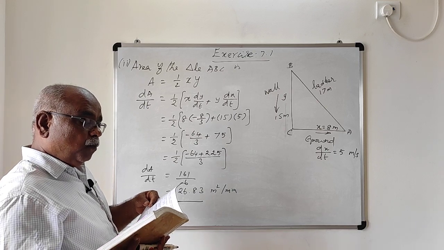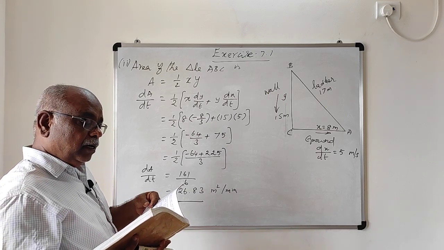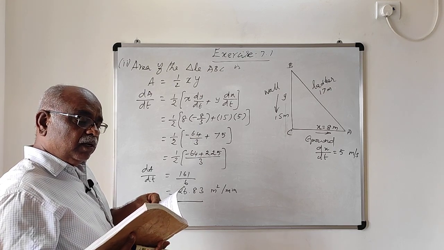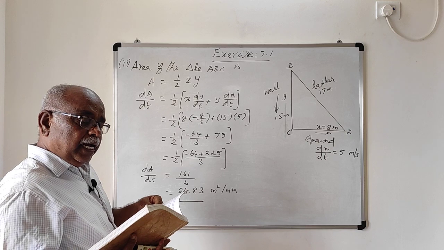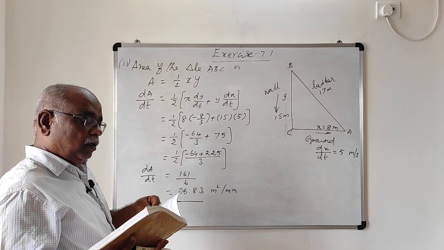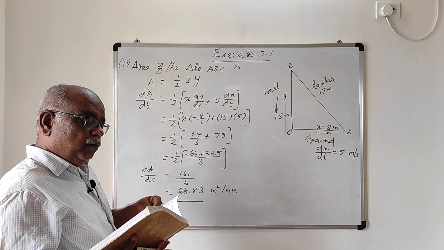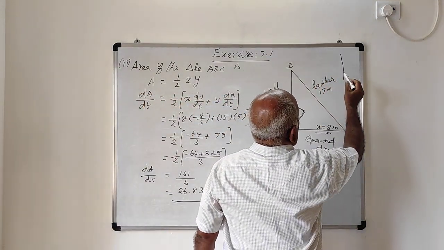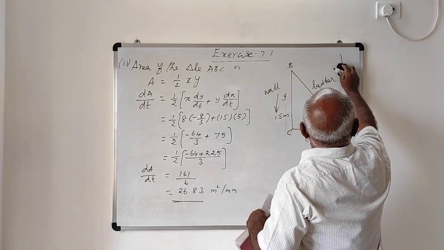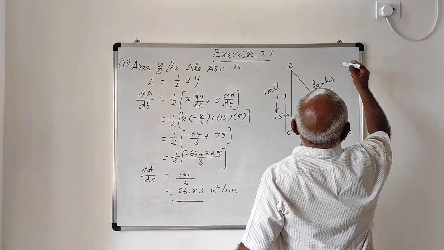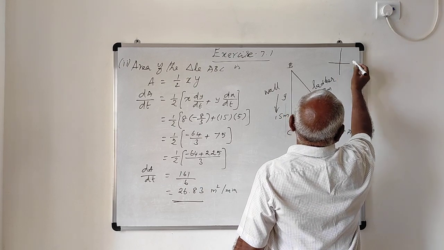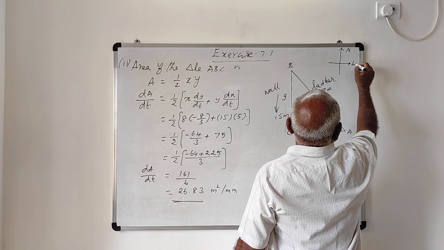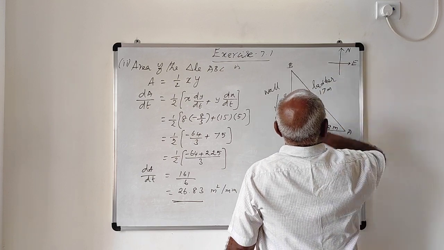A police jeep approaching an orthogonal intersection from the northern direction is chasing a speeding car that has turned and is moving straight east. See, this is north, this is east, this is west, this is south. North is the direction.